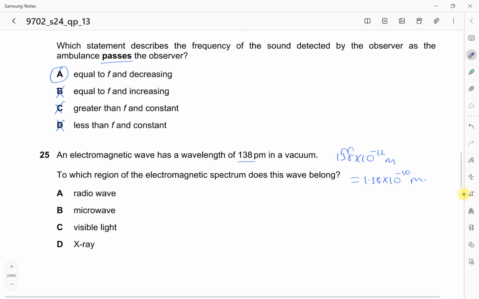Visible light on the left towards infrared, we have wavelength, which is red. Red is 7 times 10 to the power of minus 7 meters. On the other side we have violet, which is 4 times 10 to the power of minus 7 meters.